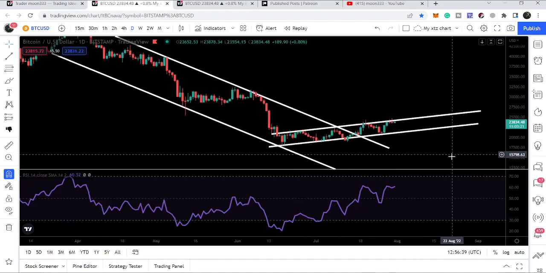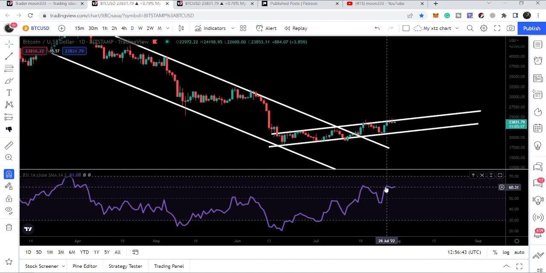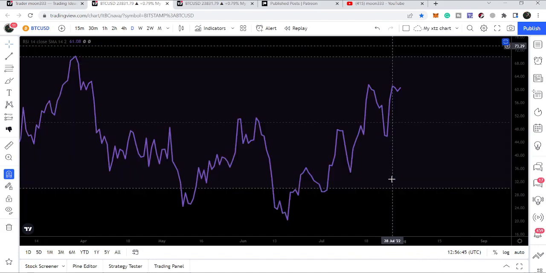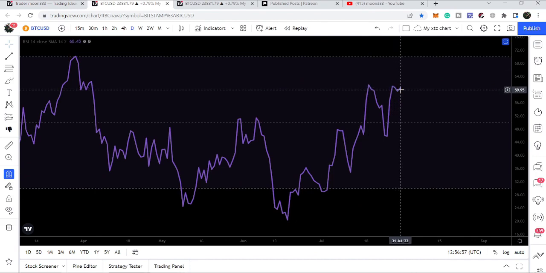Now, if we take a look at the RSI and the price line, then we can see that RSI is so far not able to form another higher than previous high. You can, by the way, watch the value here. The value was 61.47, and here the value was 61.08, and right now it is moving at 60.45.